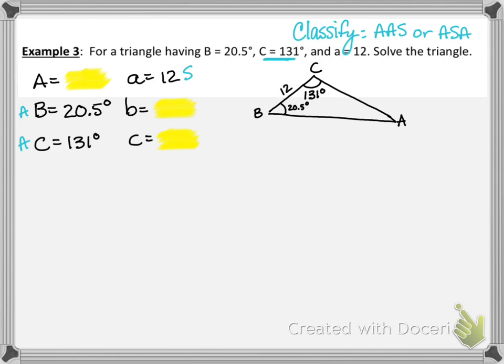So look at the position of our given information, okay? Notice that the 12 is trapped in between those two angles. So this is your angle, this is a side, and here's another angle.